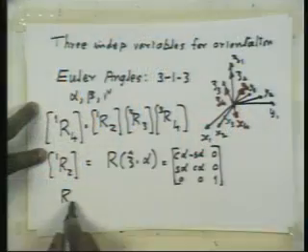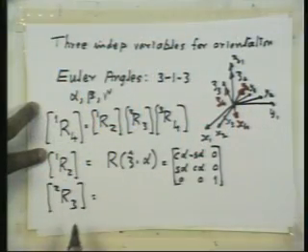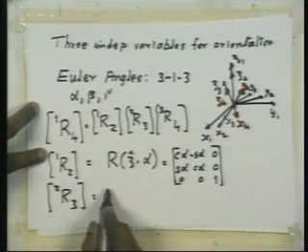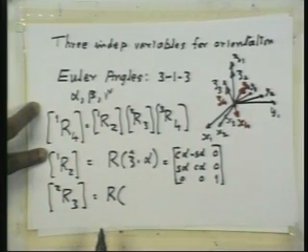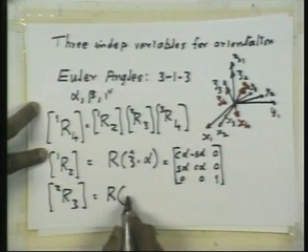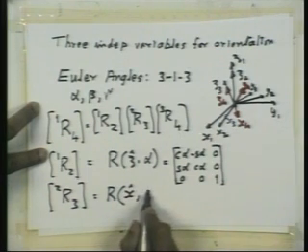Now what is R3 with respect to 2? In this notation, this rotation matrix is obtained by rotation about x cap. This is the second rotation by amount beta.